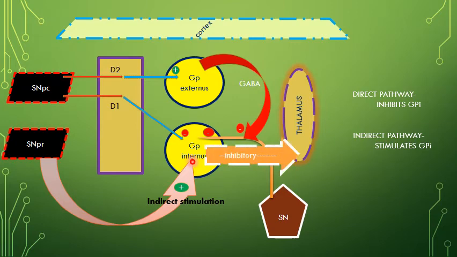From the globus pallidus internus, inhibitory impulses are sent to the thalamus, and the thalamus sends information to the cortex. So I am giving the plus or minus symbol here. Why it is given here is that movement has to be corrected according to the tone. If we want a flexion to 80 degrees, it does not go beyond 80 degrees, or undershoot under 80 degrees.